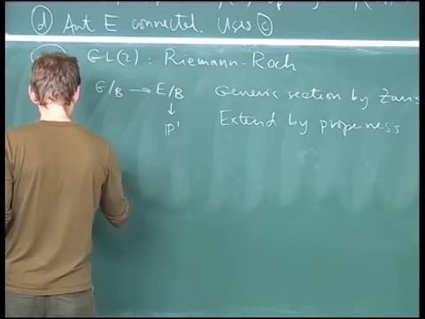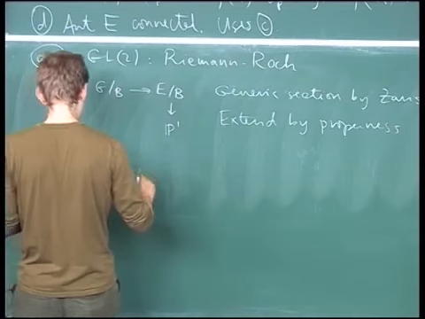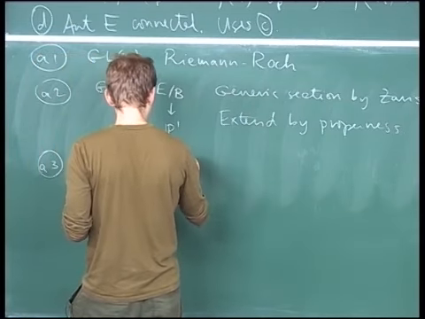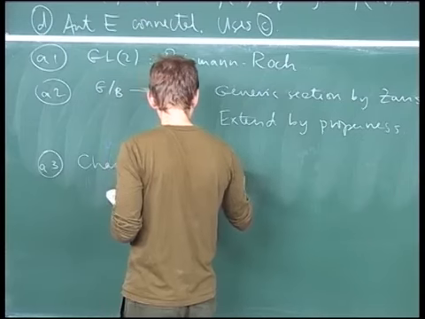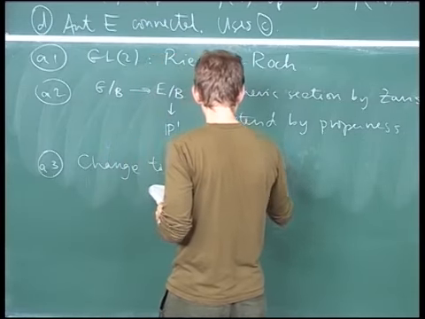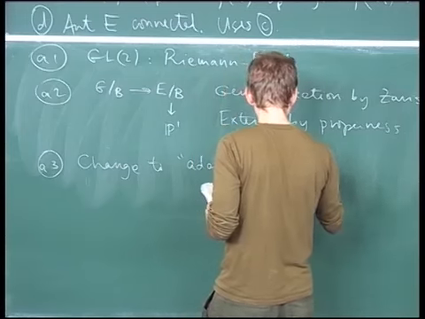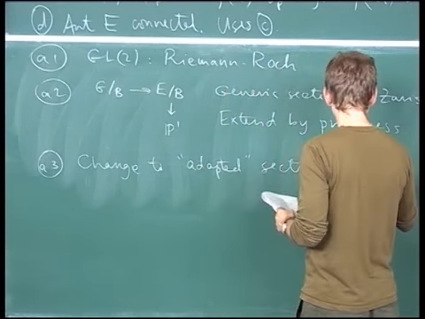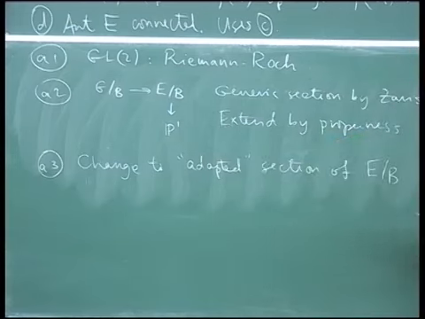But the word reduced means something else in English, so we call this an adapted section. As I say, it's somewhat easy to find any old section, but any old section might not be the right one.